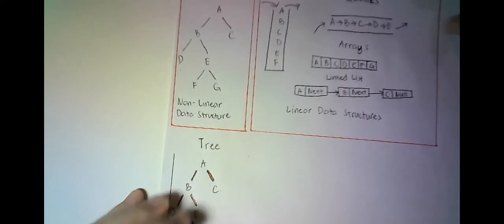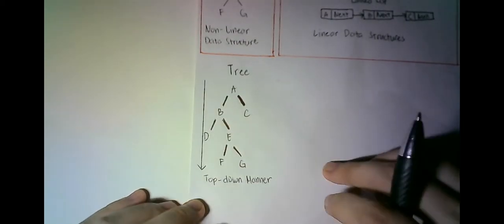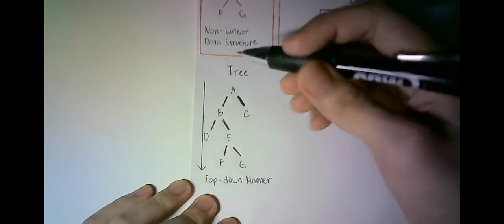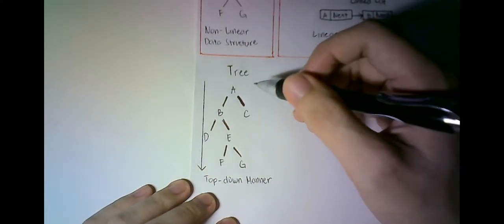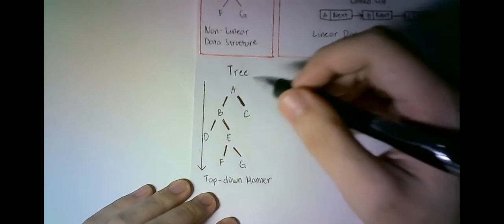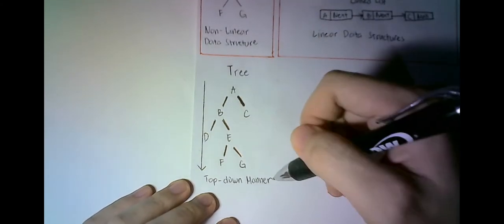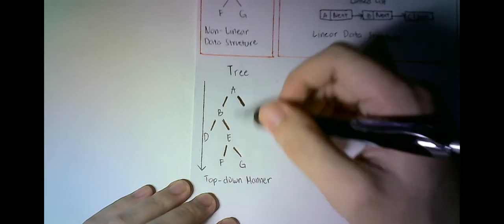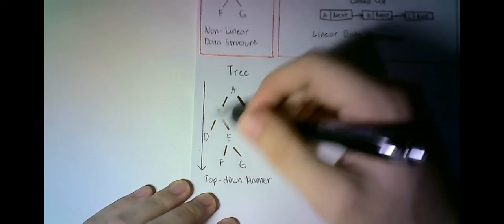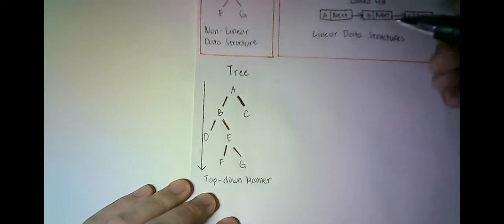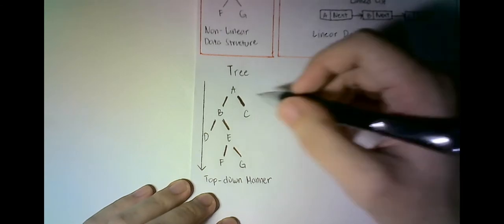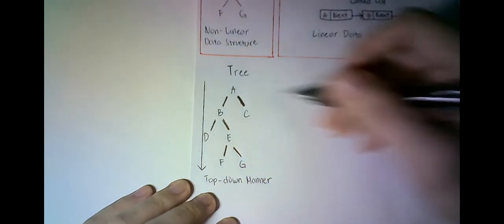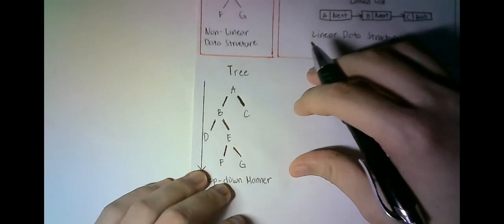So what are the parts of the tree? First, most trees follow a top-down manner, which means most of the time it starts from the top. So it resembles a tree and its branches.